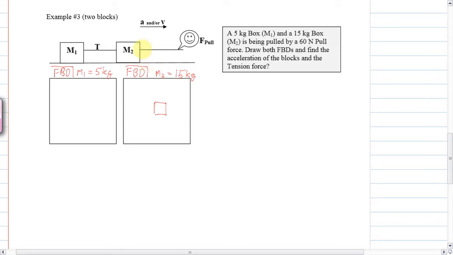So M2 has a pull force pulling it to the right. The pull force. Okay? It has a rope attached to it pulling back. And that's going to pull you back.